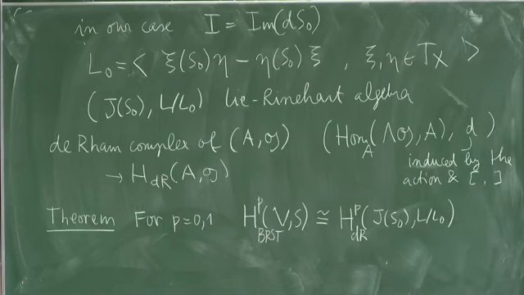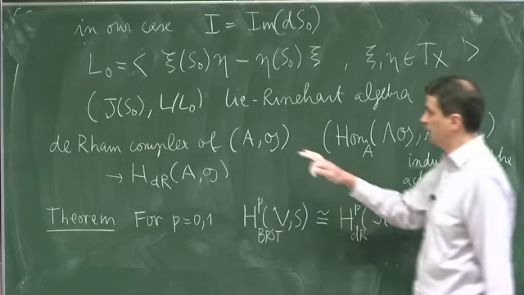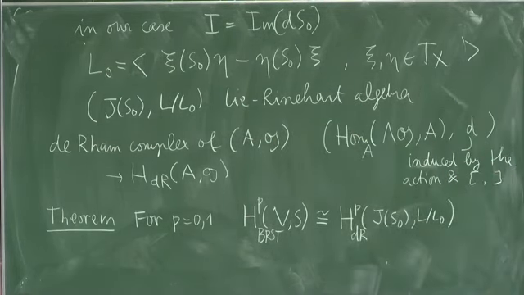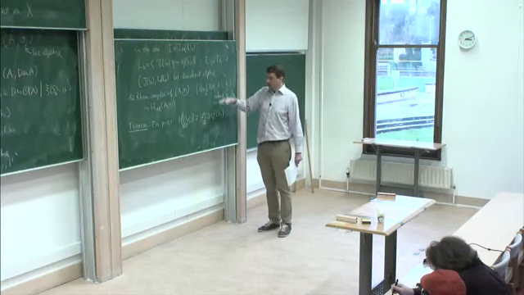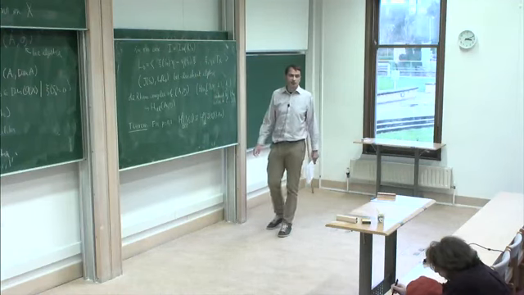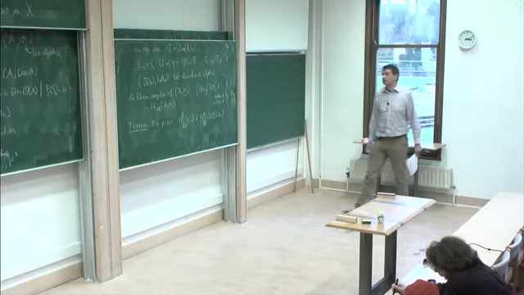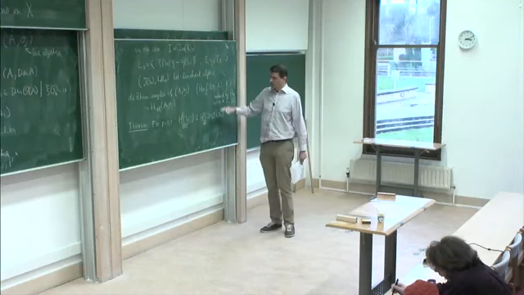For higher P, this is not known, and there are also competing definitions. So probably this complex is not good if G is not a projective module over A; one has to replace it by something better. But even if you replace it by something better, in degrees 0 and 1 it will be the same. So here it doesn't matter. In general, one probably should use a better definition.